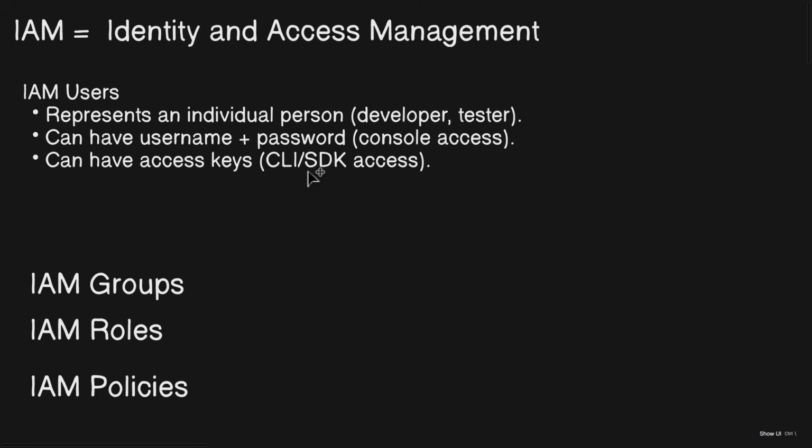Because developers usually will be working on the command line. They might be running commands. They might be making use of Linux-based instances. So they might want to access AWS resources, and they can do so using access keys. Now, the finance team might not need access keys because they won't be writing code, right? So access keys can be used by developers, testers, right?